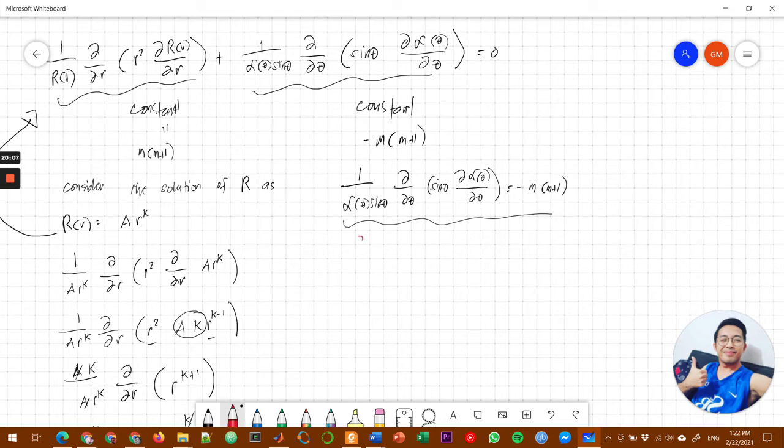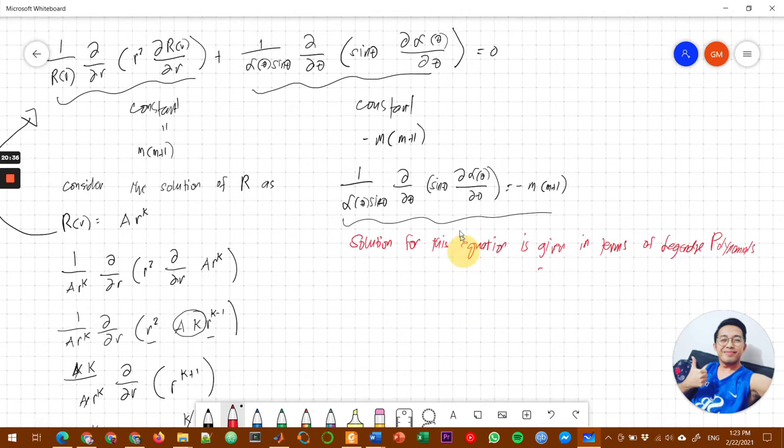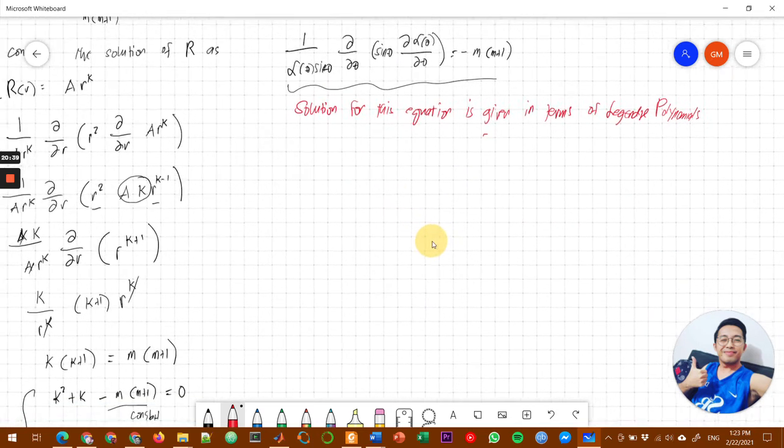So the solution for this equation is given in terms of Legendre polynomials. Okay, so it's given in terms of Legendre polynomials.